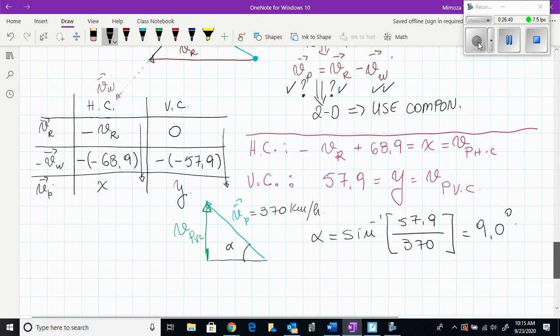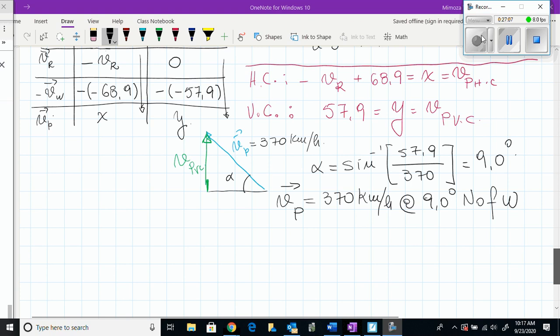So you can say that the plane has to adjust to make a 9-degree angle with the west axis, or you can say that the velocity of the plane should be 370 kilometers per hour at 9 degrees north of west.